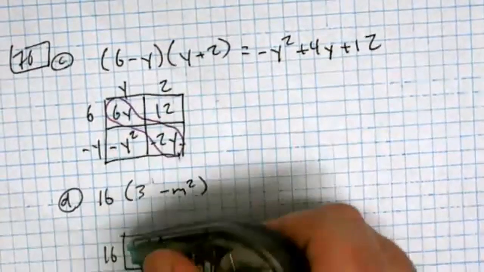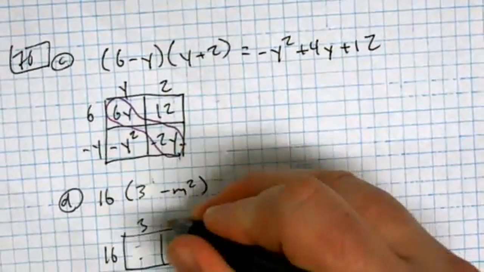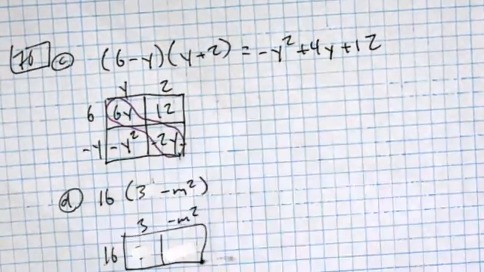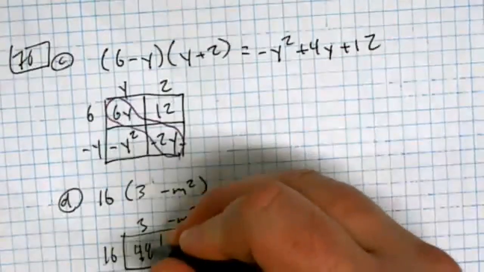Ooh, I'm going too fast. I'm making all kinds of mistakes. $16 times 3 is 48, isn't it? For those that have done this already. All right.